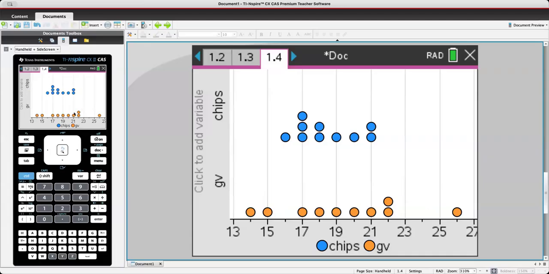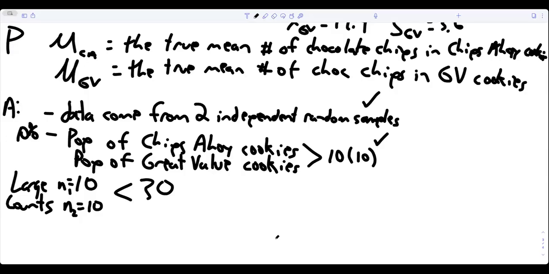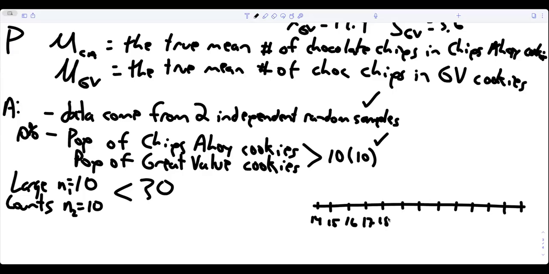So let's go back to the notes here, and let's make a little sketch of the dot plot. Make sure that you scale it and make sure that you label it, and then put your dots in there. Got the grade value.